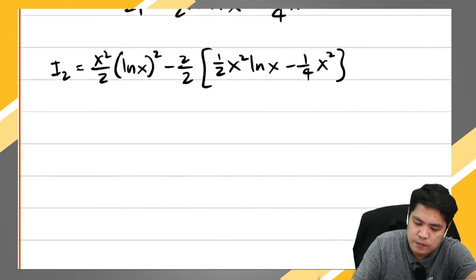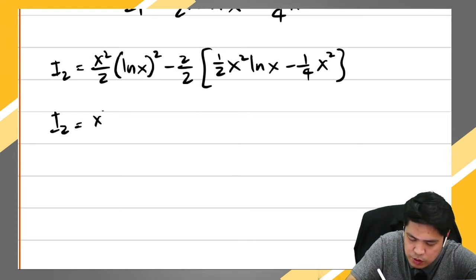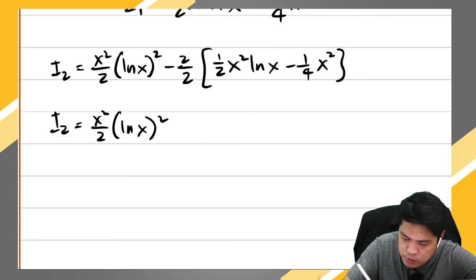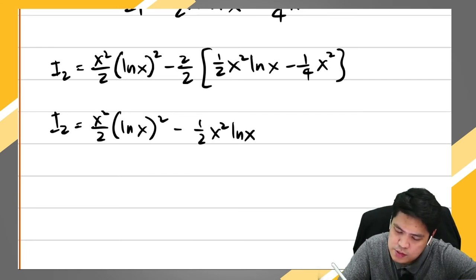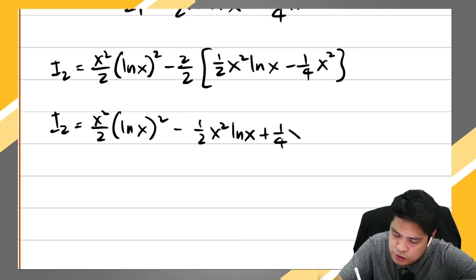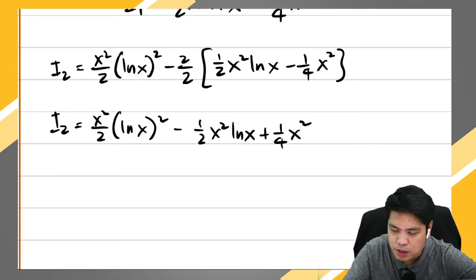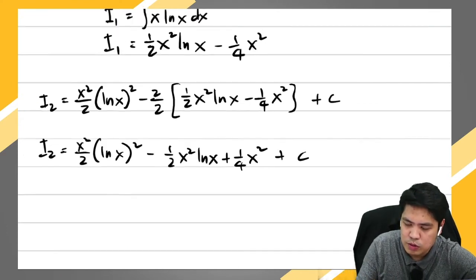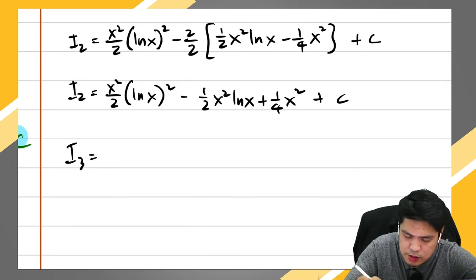Okay. Then simplify. Then I sub 2 is equal to x squared over 2 ln x squared minus 1/2 x squared ln x plus 1/4 x squared. Okay, may plus c pa pero pwede, sige, lagyan natin sa plus c. Anyway, c will still be c. Then let's solve for I sub 3.